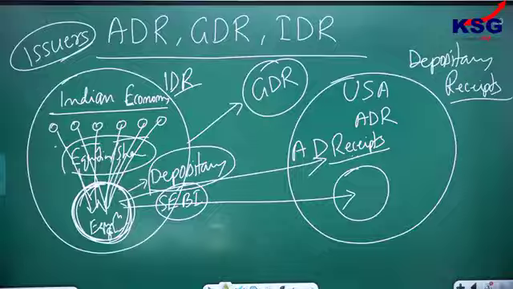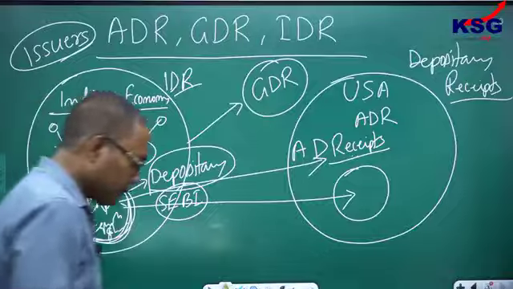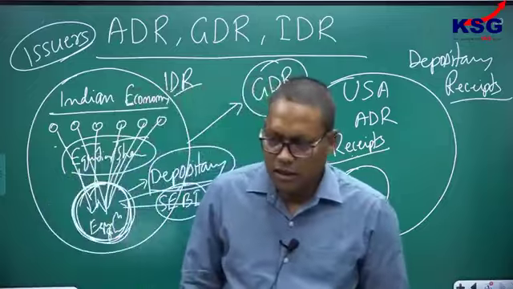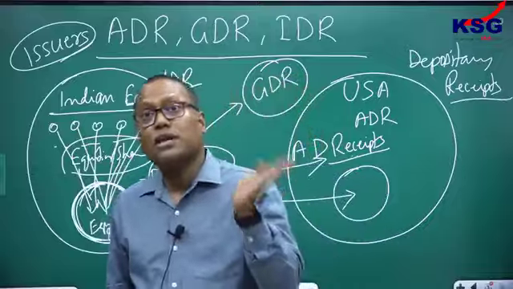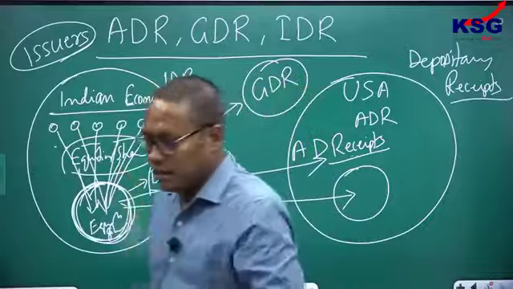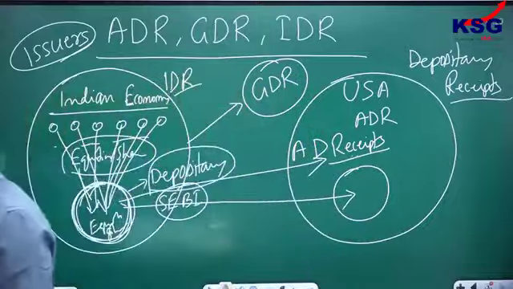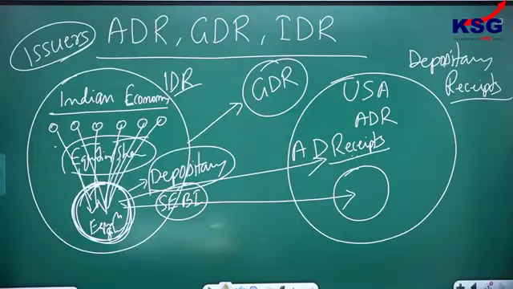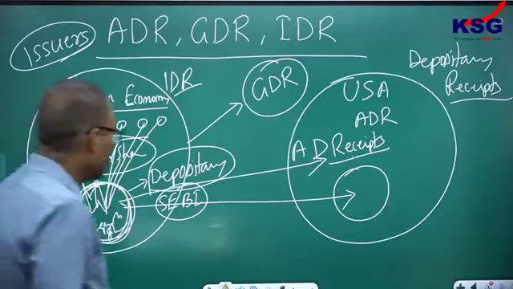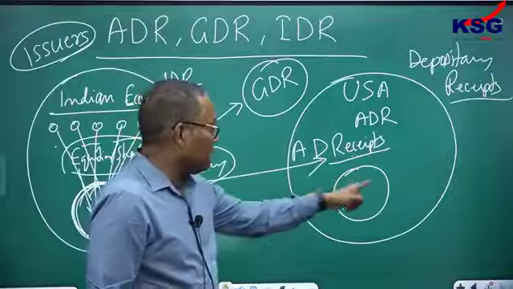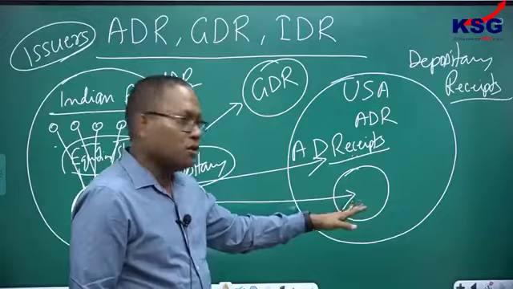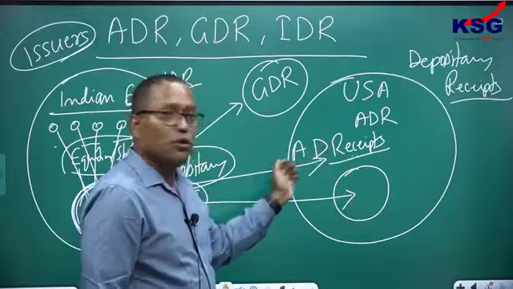Thus, ADR or GDR are issued outside India by a foreign depository. Just as I told you, you can make an entity or agreement with a depository or any entity known in the world.